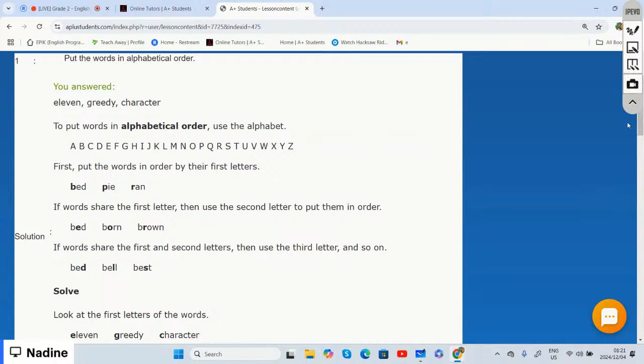And we said we need to put it in alphabetical order by using the alphabet. And we made examples of how, if we have words, then we look at the first letter of the words in order to put them in alphabetical order. For example, bed, pie, and ran. Bed comes before pie, which comes before ran.